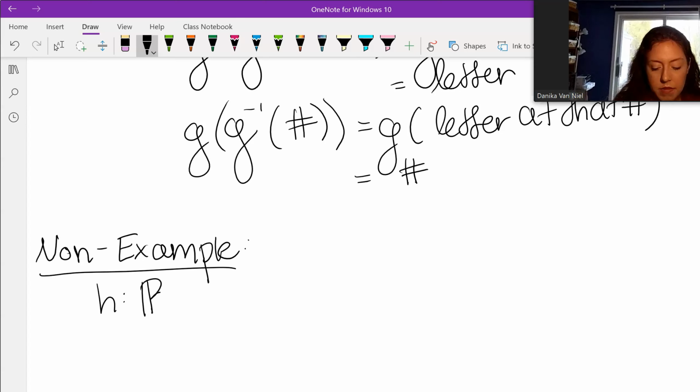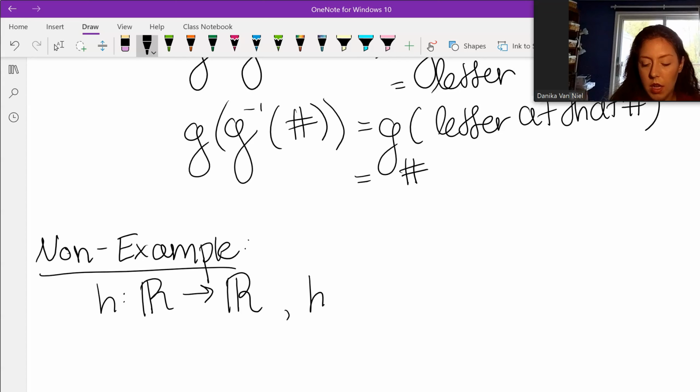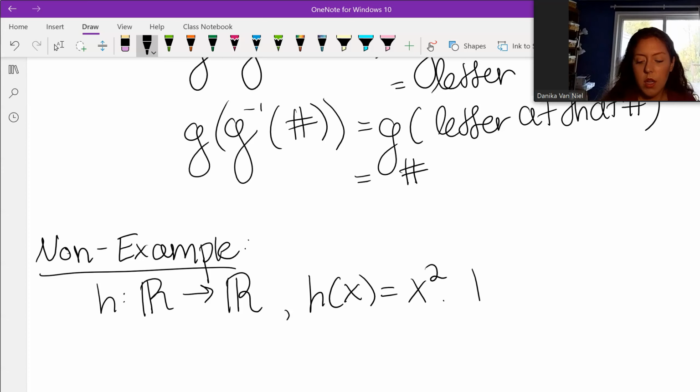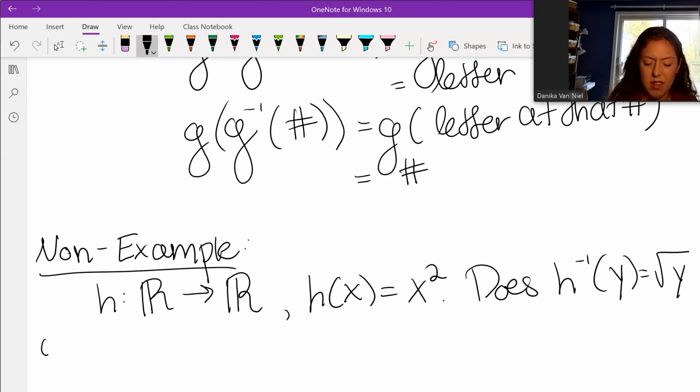So let's have some function h from the reals to the reals such that h of x equals x squared. So let's see, does h inverse of y equal square root of y? Does that work?